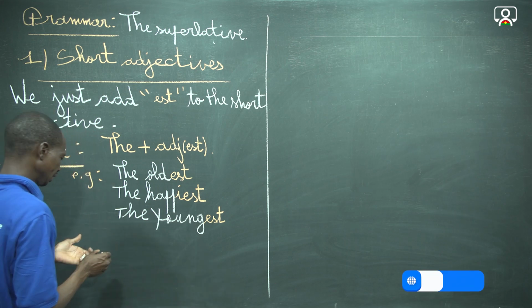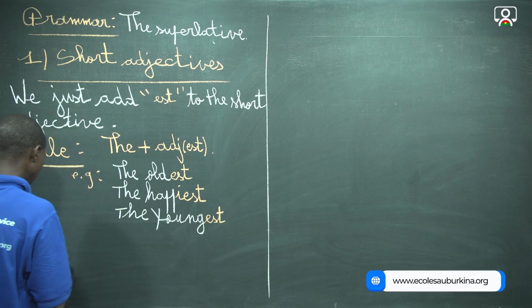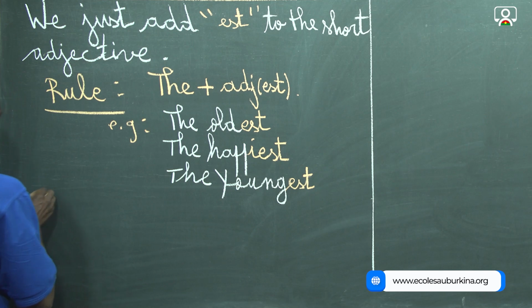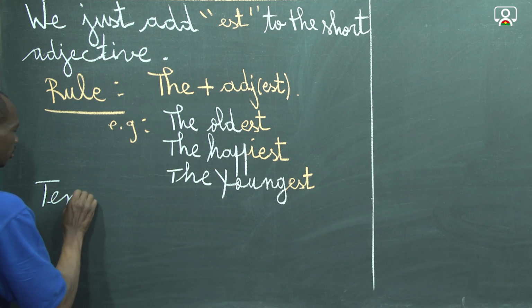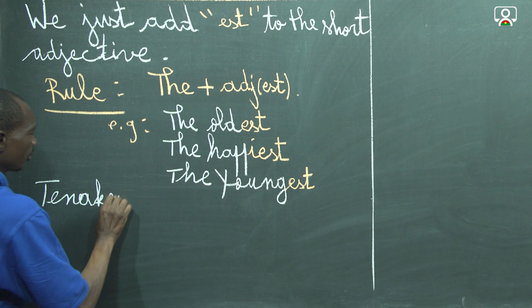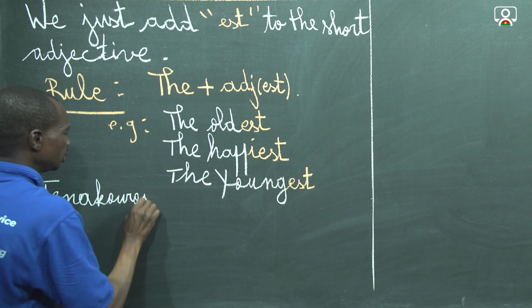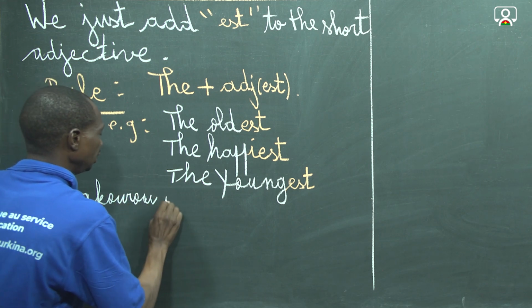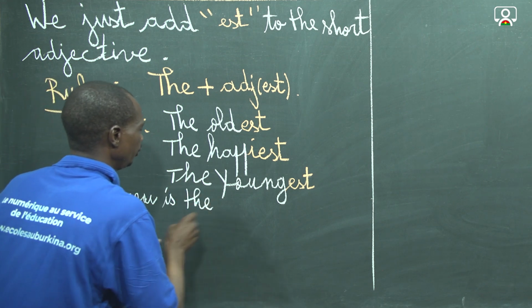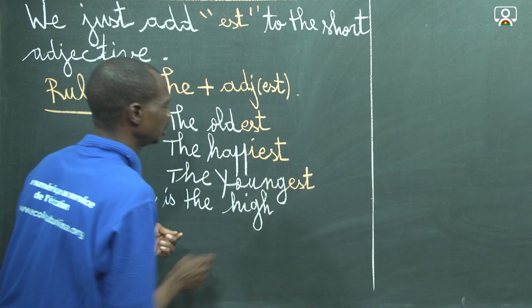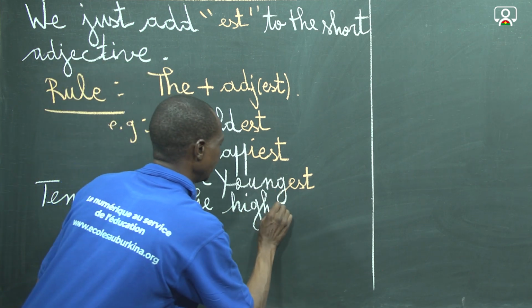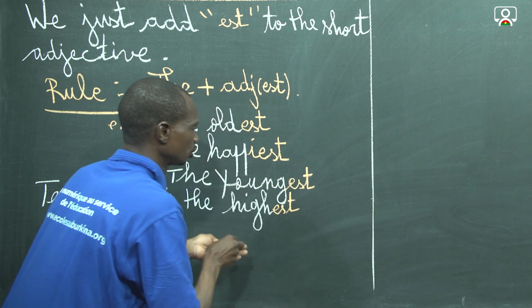Example in a sentence, we can say that Tenkodogo is the highest month in Burkina Faso. With high, the short adjective, the highest month.